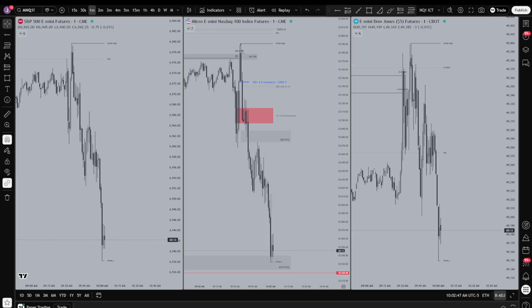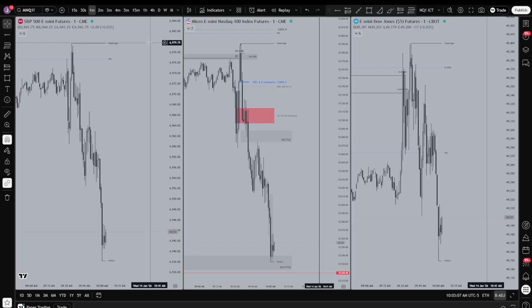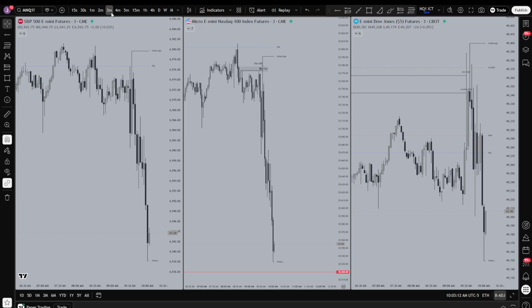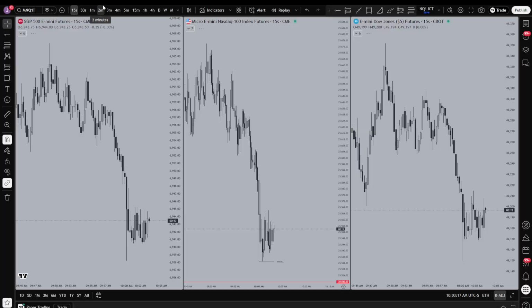Might also make this 2 minute the 1 minute gap. Come on, give me a retrace into this 2-minute gap, and then a nice inverse. Do it, NQ. Do what you're told.